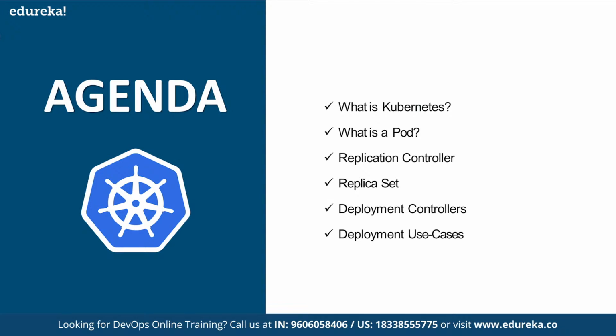We will also understand replica set and replication controller. We will understand deployment controller, which is the main thing that we want to look at today. And we will jump on to the practicals. So I hope the agenda for today's session is clear. Let us continue here.